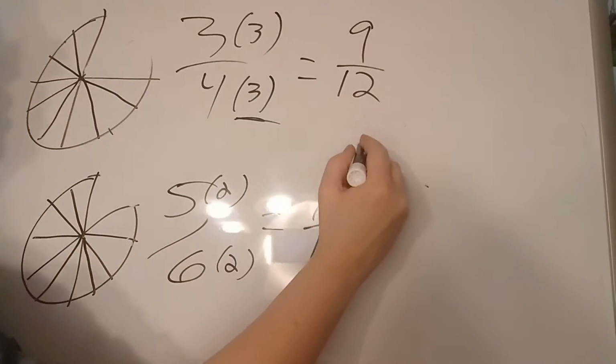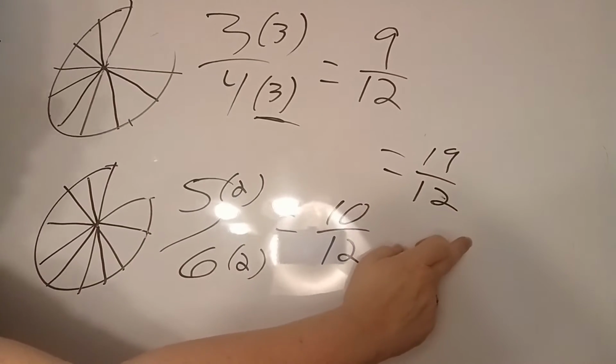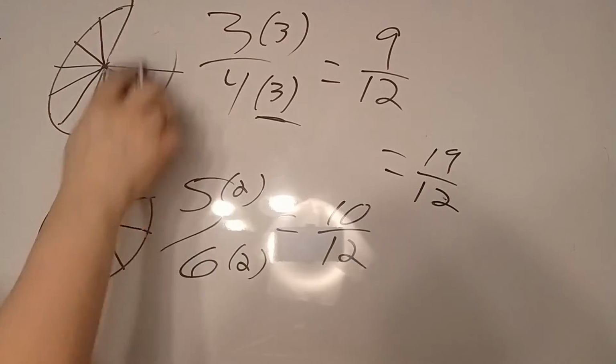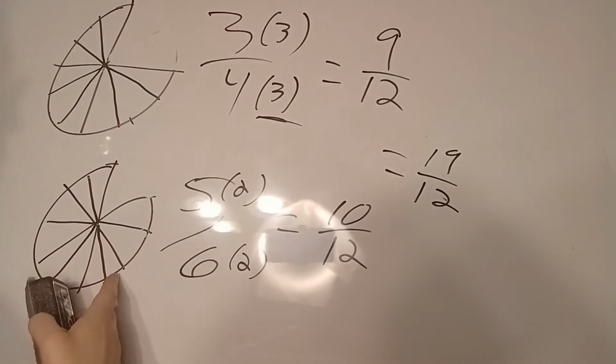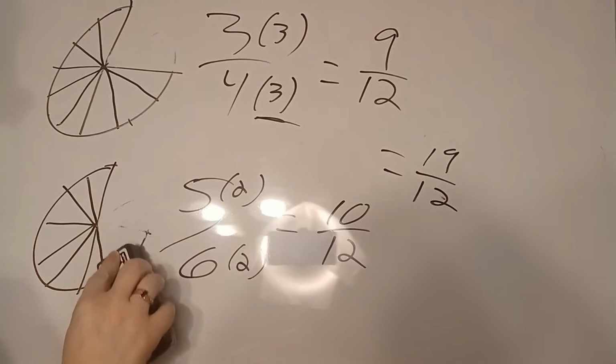9/12 and 10/12 is 19/12. Because that 19 is bigger than 12, that tells us that we have more than one, which means that we can grab 3 of them from here and stick them up here. 1, 2, 3.